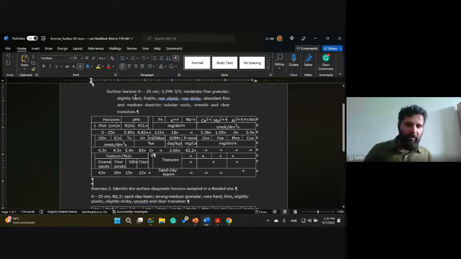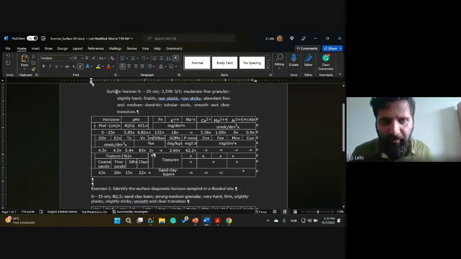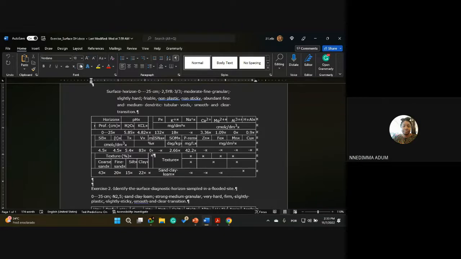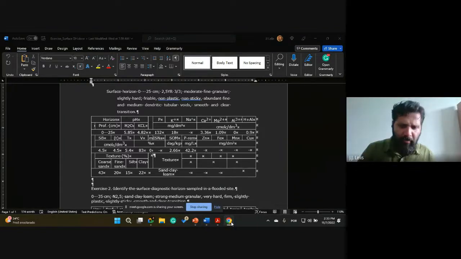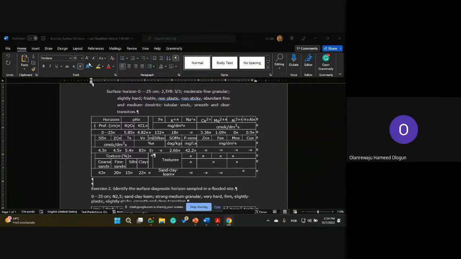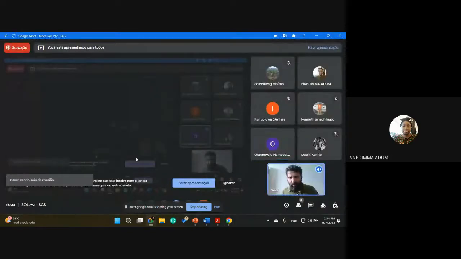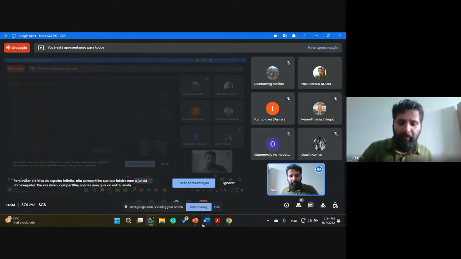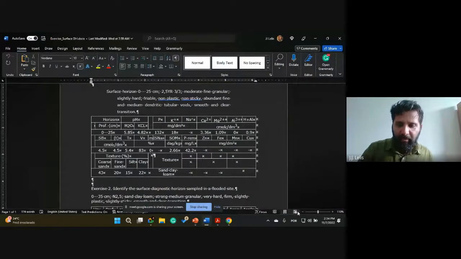Okay, we can do this right now. It's not a problem. Your screen is not showing. Oh, I'm not sharing my screen. I think it's having a black background. Okay, it's because my background in Word is black, but you can see the letters.